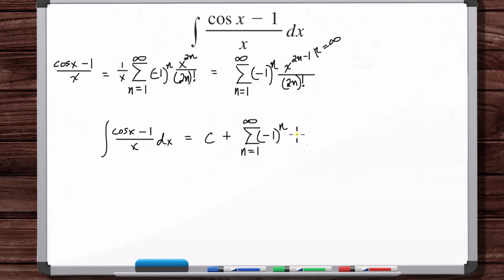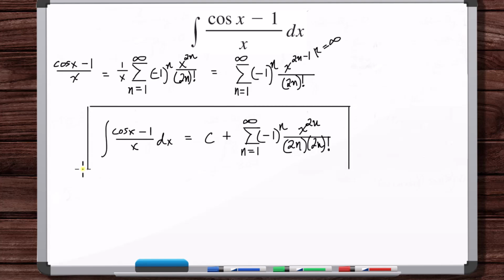So let's do this. 2n times 2n factorial, and then x to the 2n. And there you go. Where the radius of convergence here is infinity.